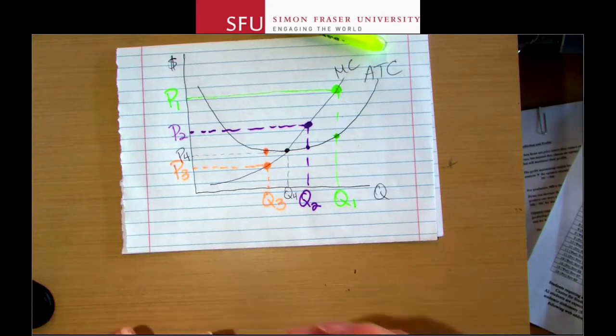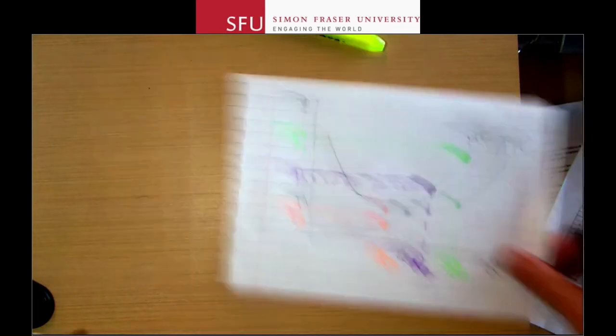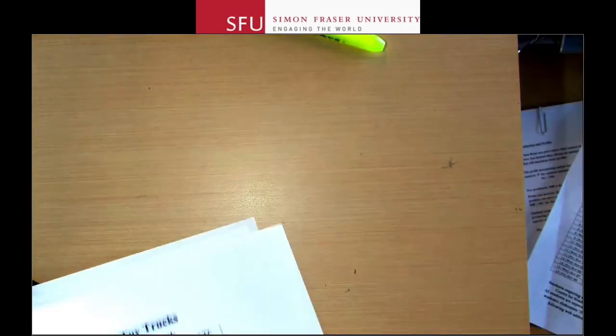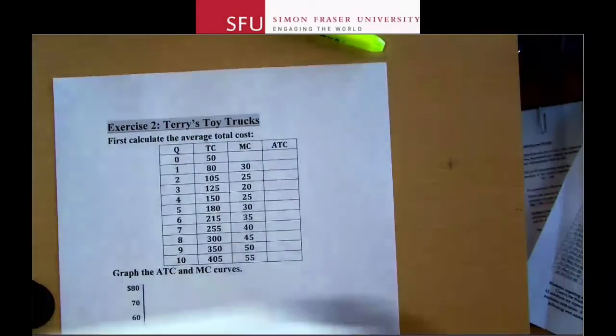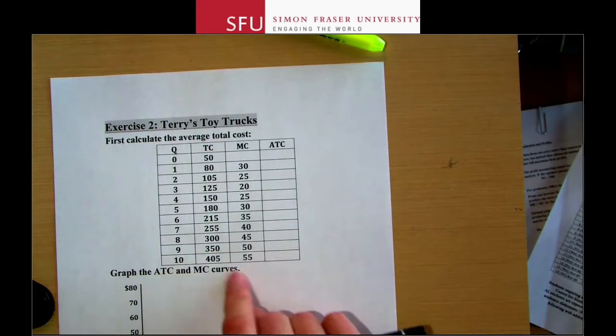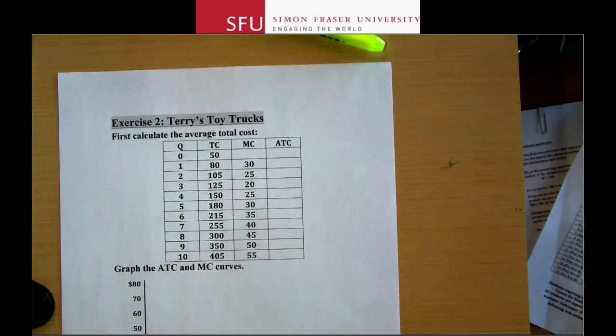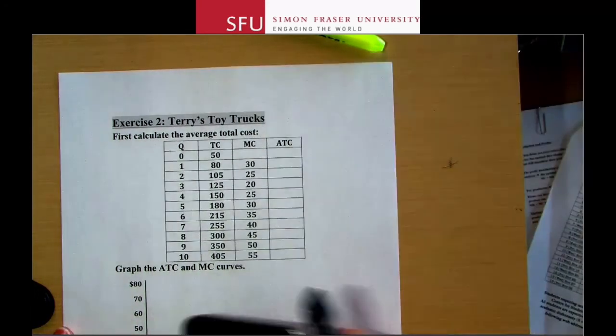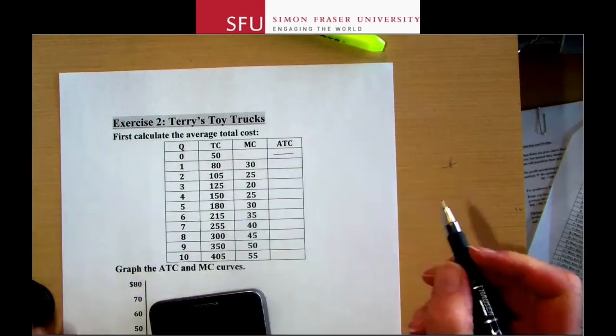All right. Okay, so next page is another example, the toy truck example. Now we've got the total cost and marginal cost, and we need to calculate the average total cost. So not for the first one.